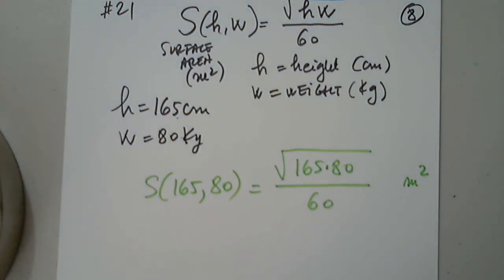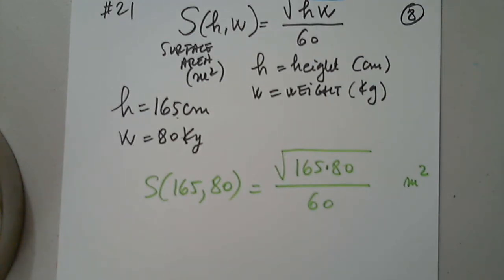Okay, so I'll go to the square root. You know me, I love my parentheses. 165 times 80. Yes, most of the calculators these days do not require parentheses, but I don't know what type of calculator you have. And then outside completely divide by 60.